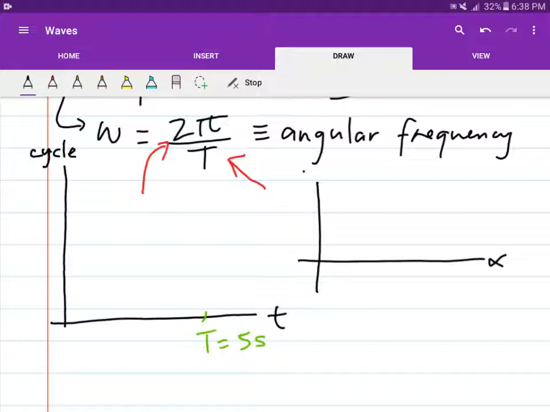This means that it takes 5 seconds to move from here to here. This means that the number of cycles that this wave has completed is already 2 pi.